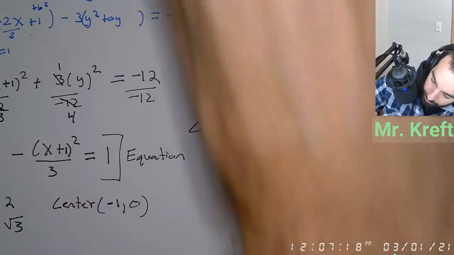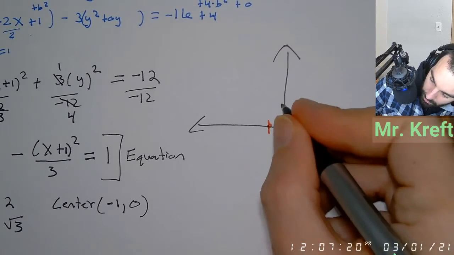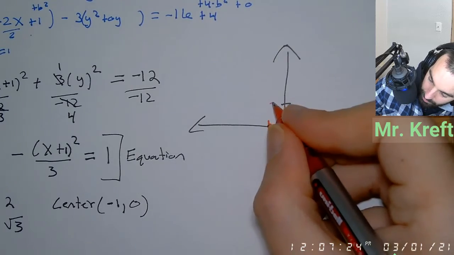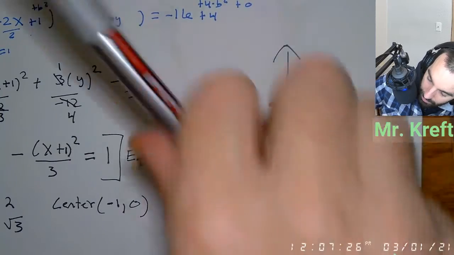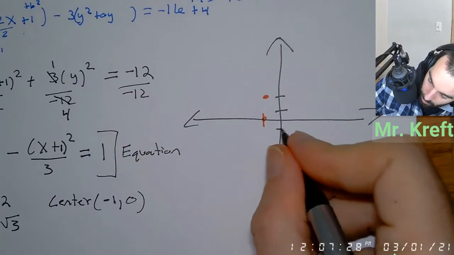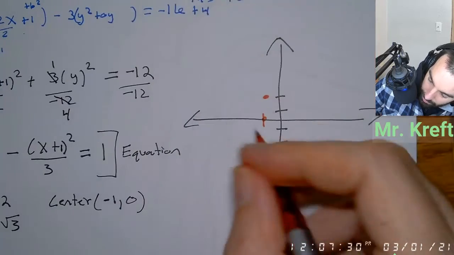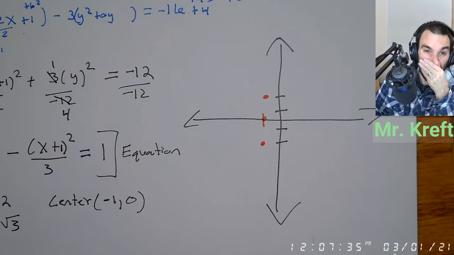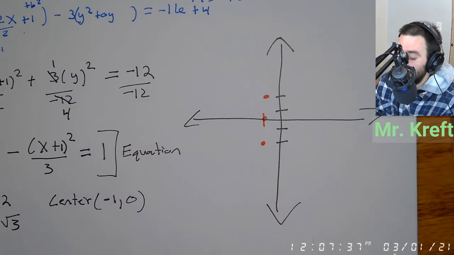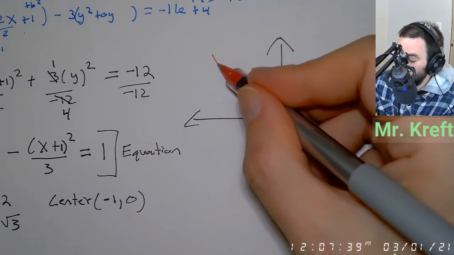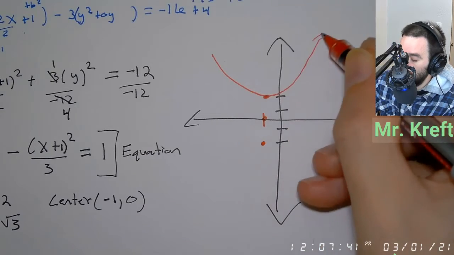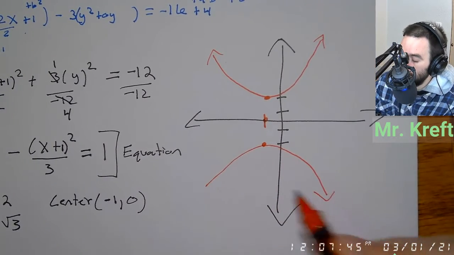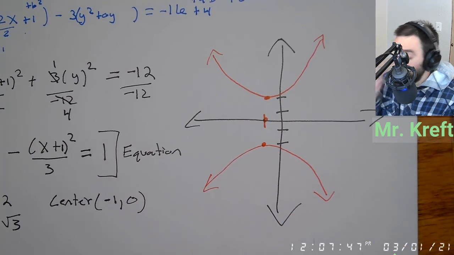So I'm going to go up 1, 2. And then I have a vertex. And I'm going to go down 1, 2. And I'm going to have another vertex. Okay. So it's going to look something like that. And again, I'm just guessing. Look something like that. Okay.